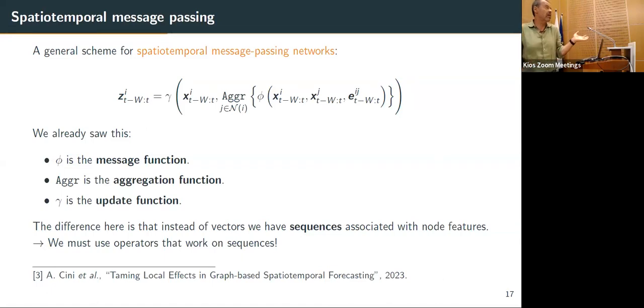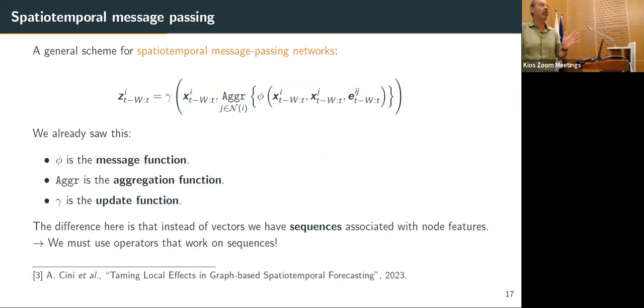That was message passing. But now we have time too. It is not so difficult, it is already in this equation. Look at it, we have a kind of window. So we use the past values of node i, the past values of the j's, the past values of the features associated with the edges. They are vectors, matrices, tensors, and they evolve with time too.